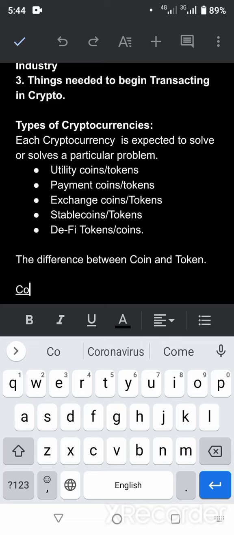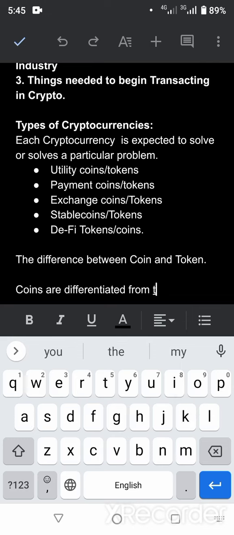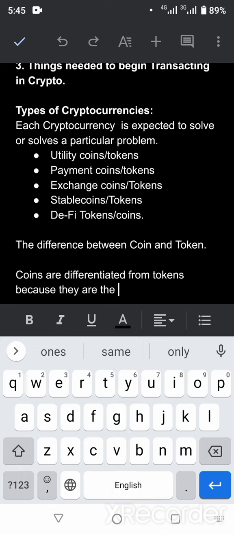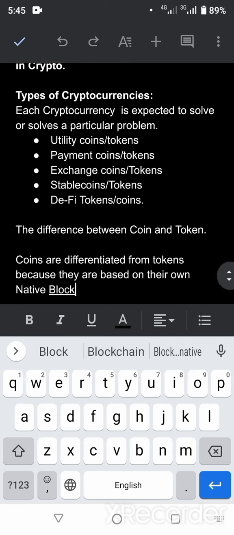In the sense that coins are differentiated from tokens because they are based on their own native blockchain.